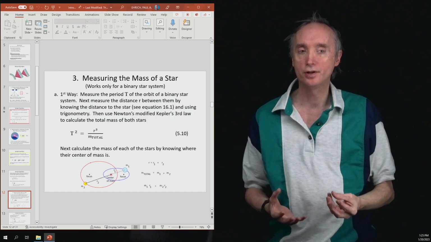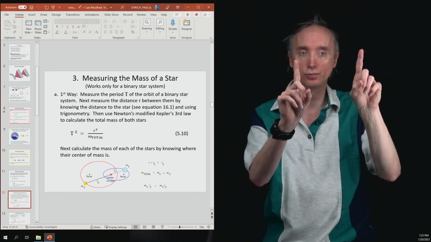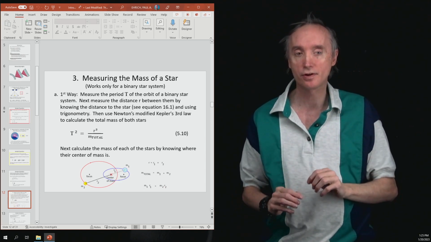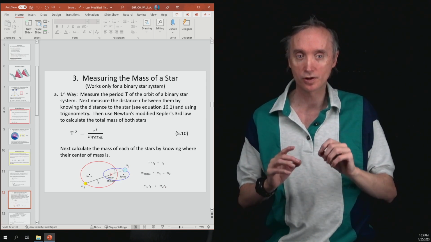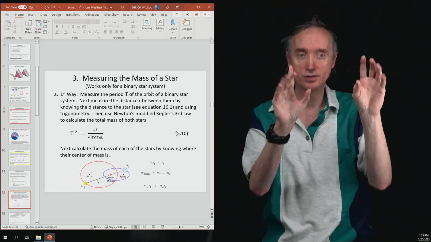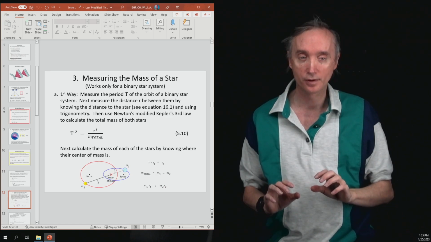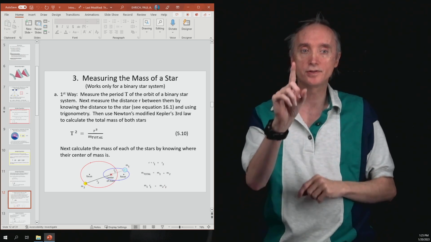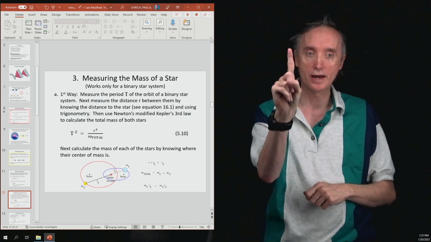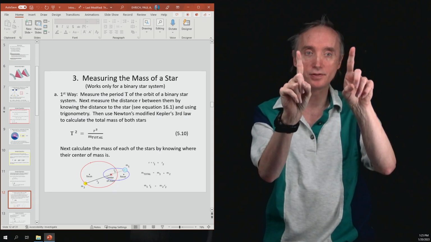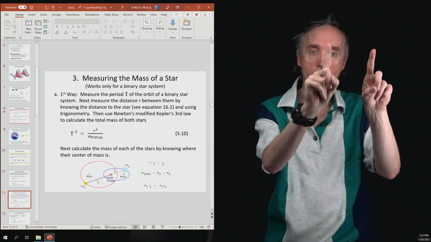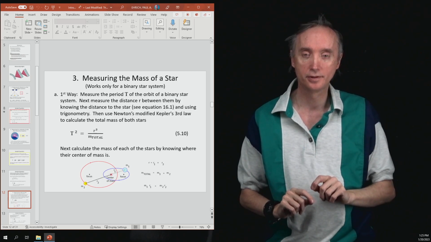Now, what do you notice though? If you've got two relatively large objects such as a binary star system, so we're talking about two stars that are in orbit around each other, so that means that they're relatively big, what you would notice is that this star would be wobbling. It would be going back and forth because it's actually going around its center of mass.